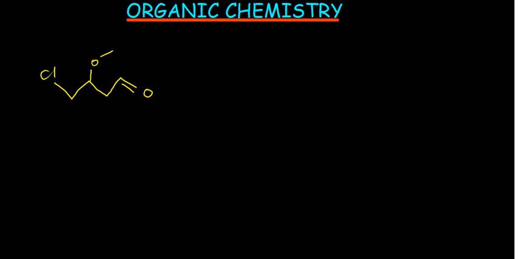Okay, now let's name this one. So we know that this is going to be the longest chain, so first we are going to number it. Priority is given to the aldehyde, so it will be position number 1, number 2, number 3, number 4. So the rest will be groups. The chloro is a group and also this one is a group. So this is going to be 4-chloro. And then at position 3 we have, if we look at this one, what is that?